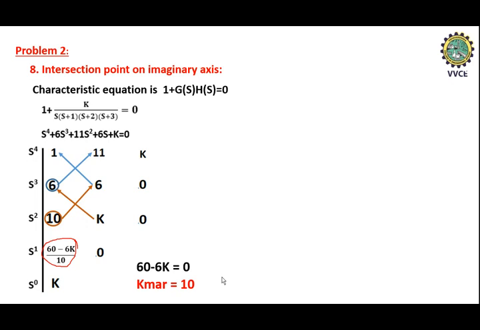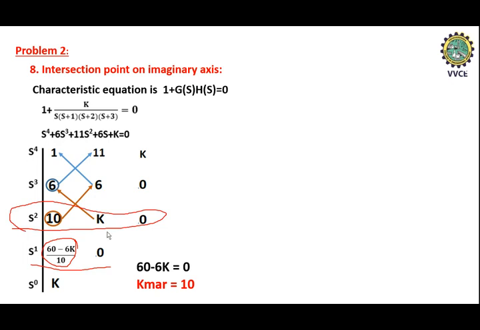And if you substitute this 10 in place of k here, the whole term will become 0. 60 minus 6 into 10 will become 0. So the whole row becomes 0. As per the second difficulty, if all the elements in any row of the Routh array become 0, then you need to write the auxiliary equation by making use of the row which is just above that 0 row.